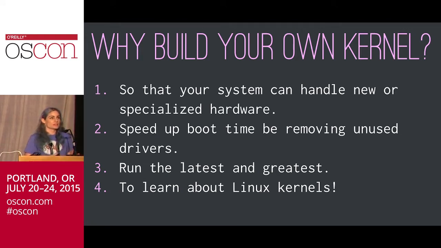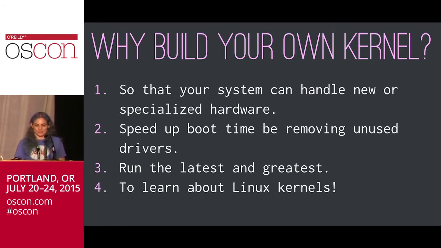For example, I recently configured and built my own kernel because I wanted to be able to run Thunderbolt drivers, and that sort of driver only became available in later versions of the Linux kernel. A second reason is to speed up boot time. You can remove any parts of the kernel or device drivers that you won't use so that your system boots up more quickly. Also, it's fun to run the latest and greatest, and of course, to learn about Linux kernels.